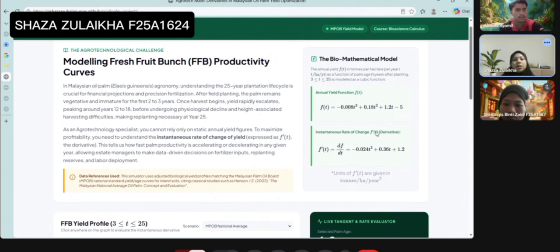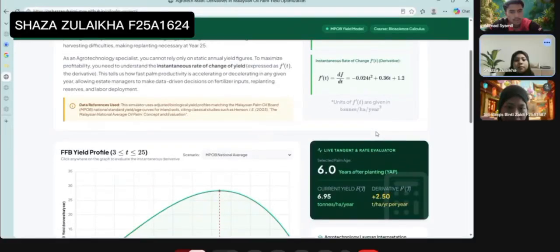In Malaysia, oil palm trees do not produce the same amount of yield every year. During the first few years after planting, productivity is still low because the palms are immature. Then the yield increases rapidly, reaches its maximum production between approximately 12 to 18 years, and eventually declines as the trees become older.